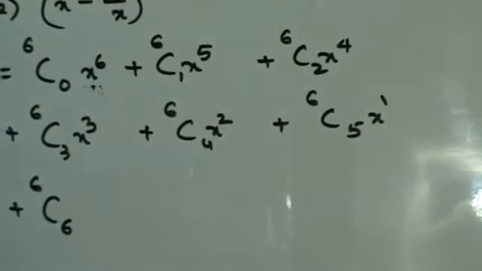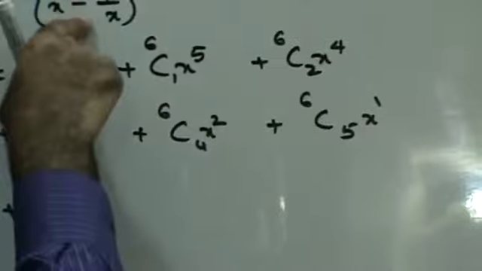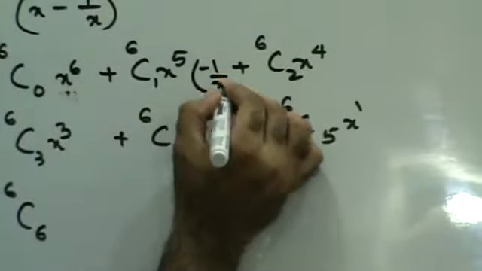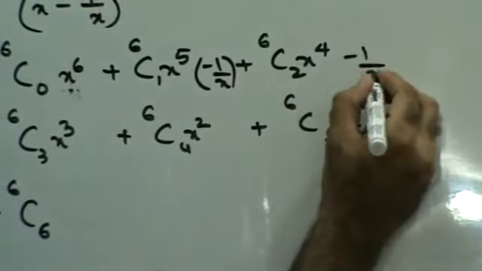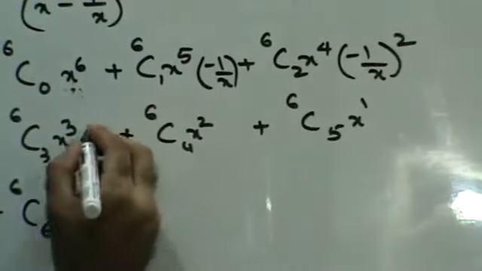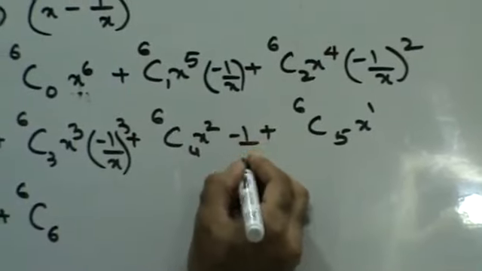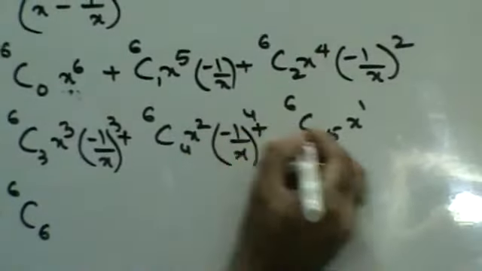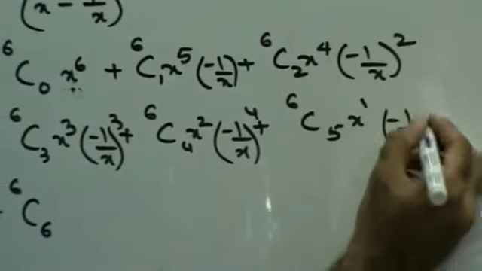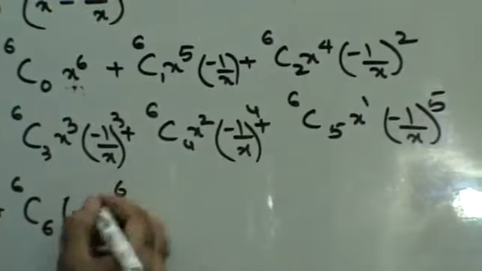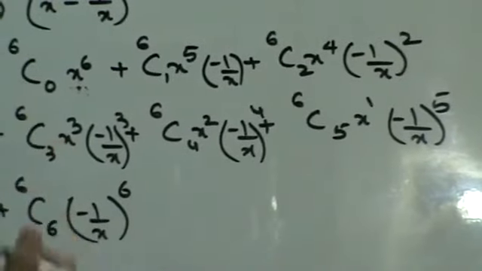Second term. Now you have to be a little careful here. The second term is with minus sign. So this is going to be minus 1 upon x, minus 1 upon x square, minus 1 upon x cube, minus 1 upon x raised to 4, minus 1 upon x raised to 5, minus 1 upon x raised to 6. Right? Let's expand this.